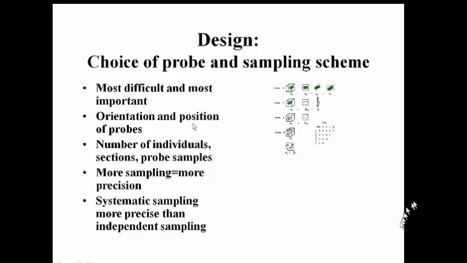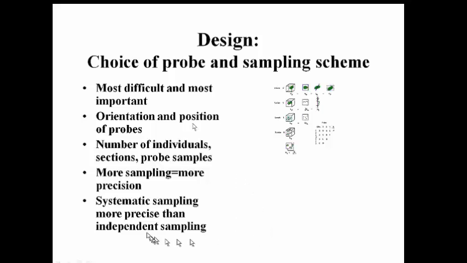We have to be concerned about how many individuals and how many sections and how many samples or probings we have to do in each individual, remembering that if we're doing unbiased procedures, making no assumptions about the organization of the tissue, more sampling is going to result in more precision. So the issue then becomes, how much precision does one need? Or, comparable to a public opinion poll, what sort of margin of error is acceptable?